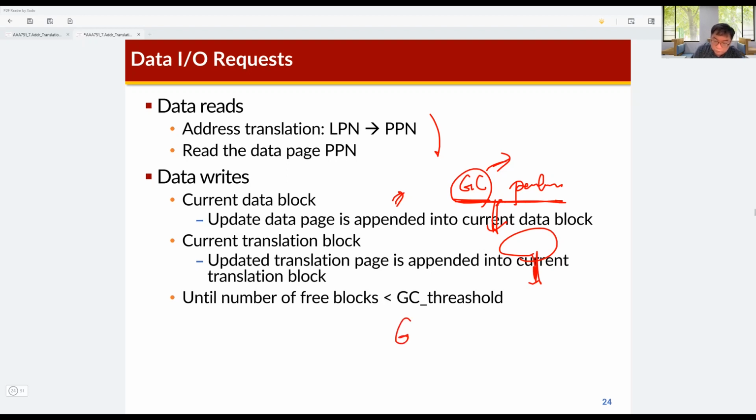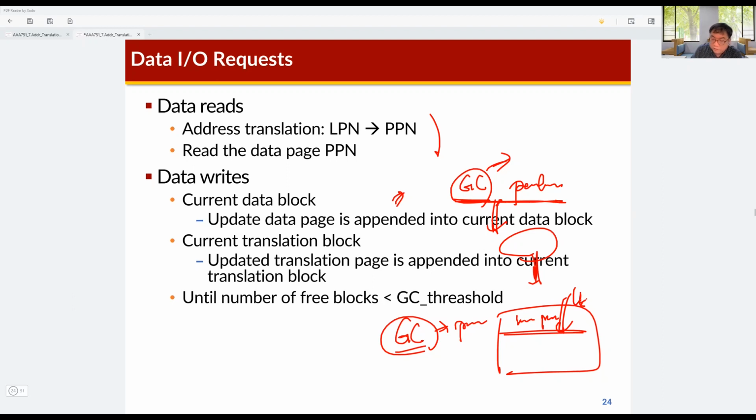So when the garbage collection is performed, there are many invalid pages in this block, but this block may include valid pages.